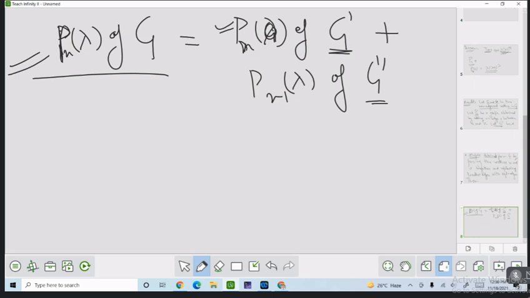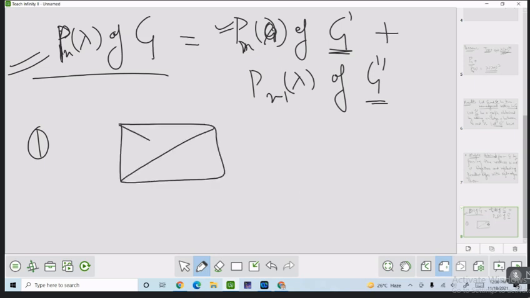Okay, we take one example. Suppose a graph with vertices V1, V2, V3, V4, V5.